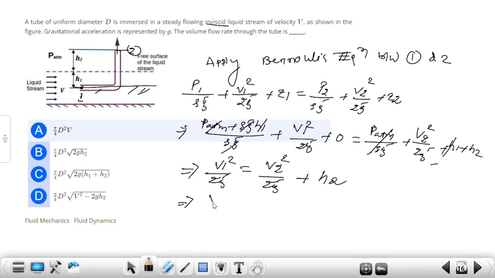So V2 square divided by 2g is equal to V1 square by 2g minus H2.